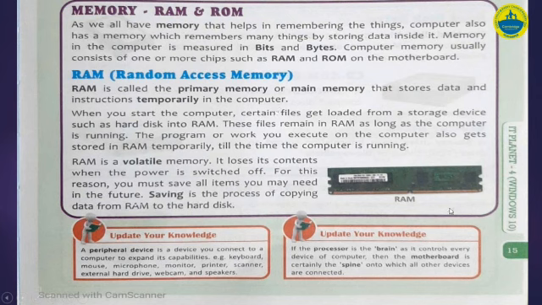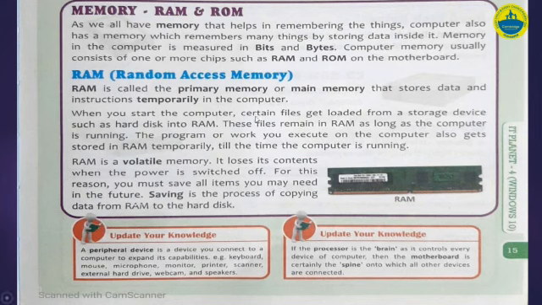When we are performing some work, when your computer is performing some task and we need some memory, that memory is called RAM. It keeps the data related to the work which we are currently doing.